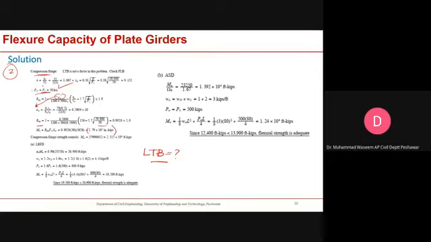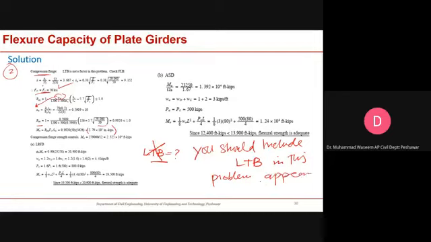So LTB is not there, but you should include LTB in this problem, if this problem or any problem similar to this one appears in the exam. Is it clear now?